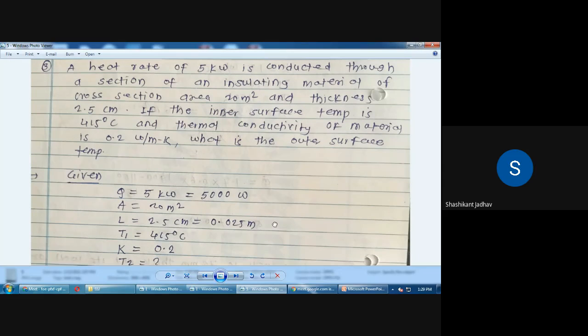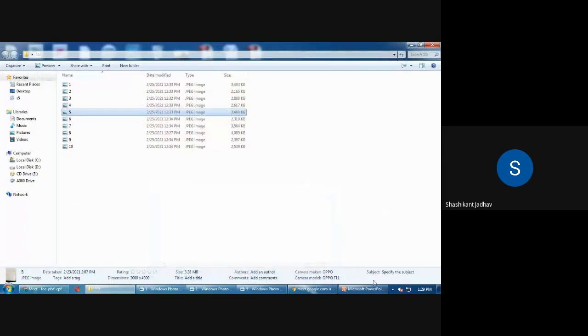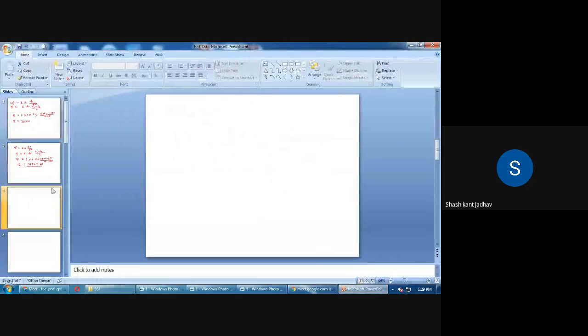Thermal conductivity K is equal to 0.2 watt per meter Kelvin. So what is the outer surface temperature? We have to find out the value of T2, so we have to use the same equation.